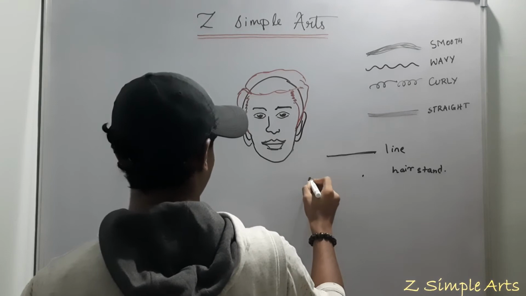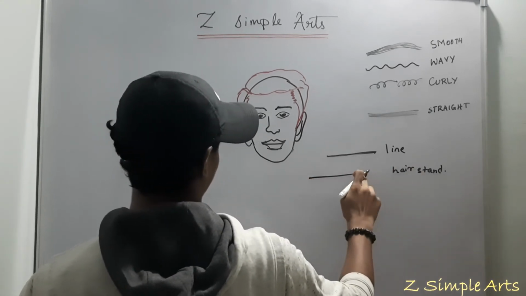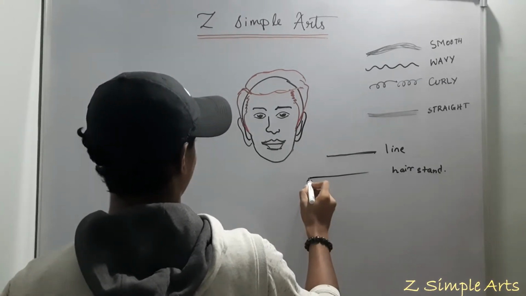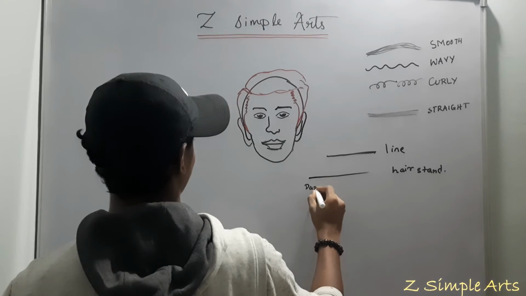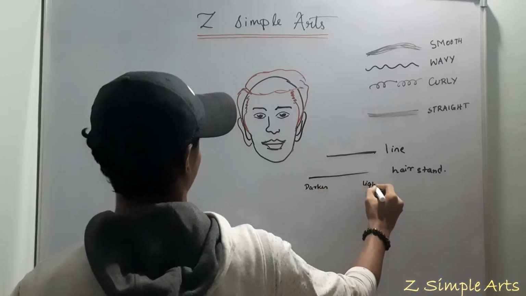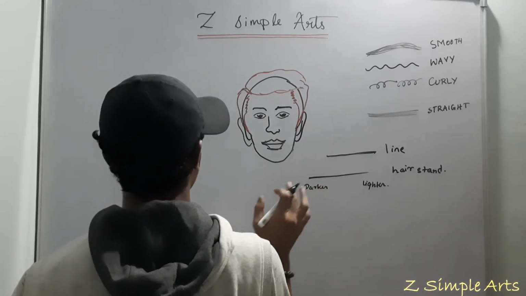That means one end will be a bit thick and the other end will be very thin. As you can see, one part will be darker and this will be lighter.